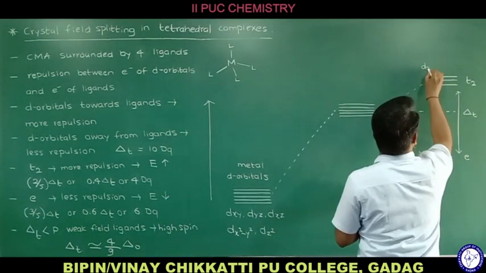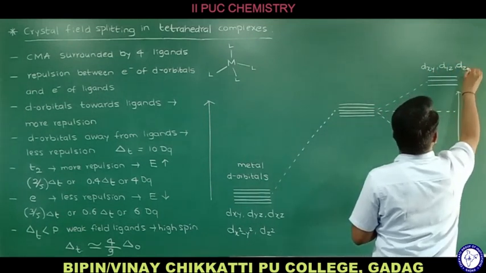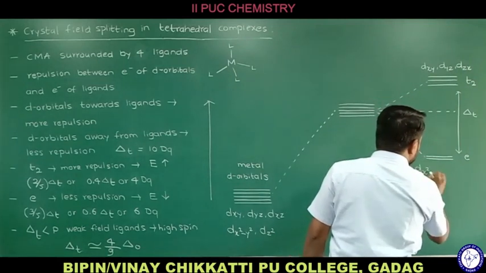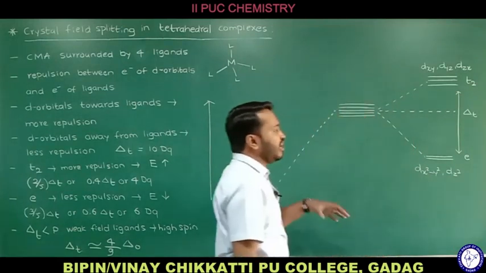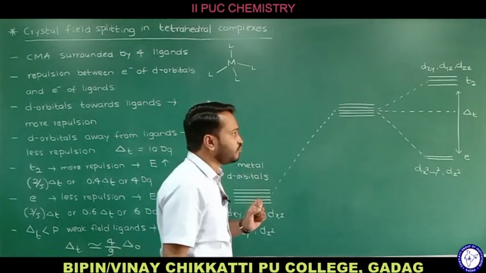In T2 we have 3 atomic orbitals: dxy, dyz and dzx. In E we have only 2: dx square minus y square and dz square, and we have seen the shapes of these atomic orbitals in the previous session.